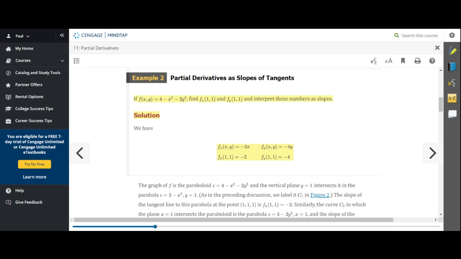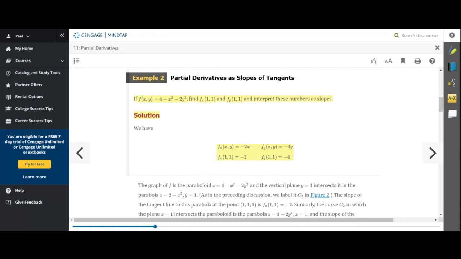We have the partial derivative of f with respect to x at (1, 1) is -2, and the partial derivative of f with respect to y at (1, 1) is -4. So let's look at a picture here. Those must be slopes of some tangent lines.